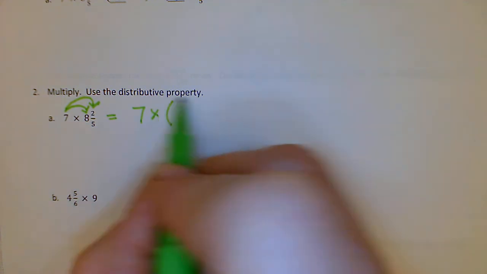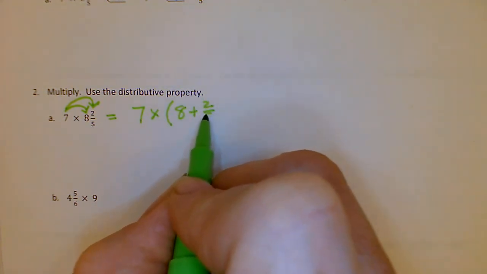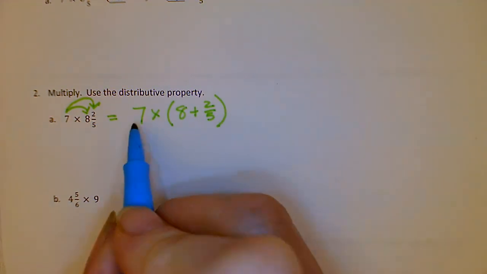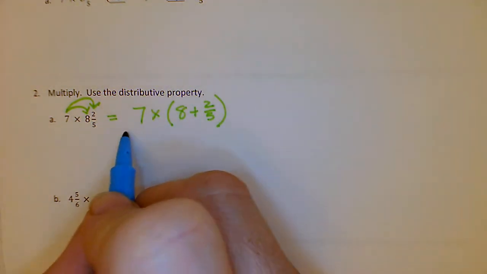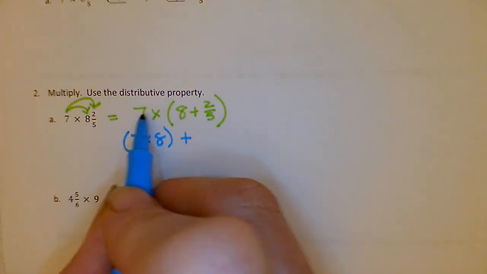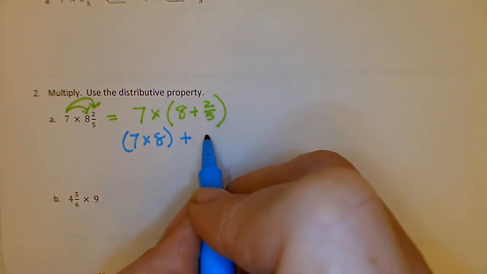Now you still have to show that they were at one time together. And now I can distribute that 7 across those. So I can do 7 times 8 plus 7 times 2/5.